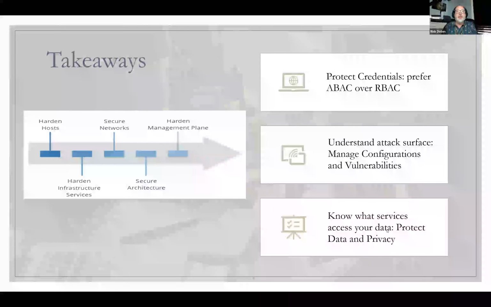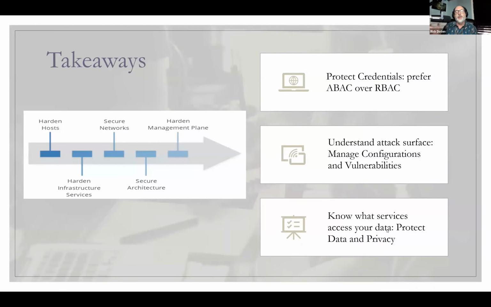So my last slide here is just really about the takeaways. When I talk about credentials, ABAC is attribute based as opposed to RBAC, which is role based access control. So just because I am a comptroller level 3 and I get these rights to access these systems, it's more about your attributes, which is: what do I do, when do I do it, what are the things I'm doing?